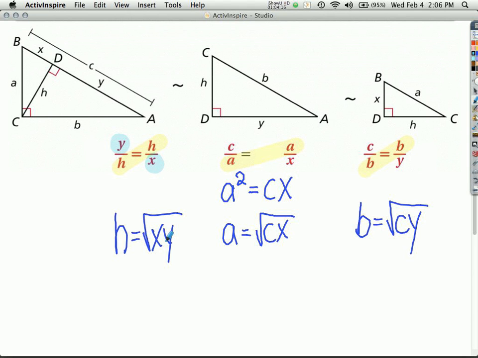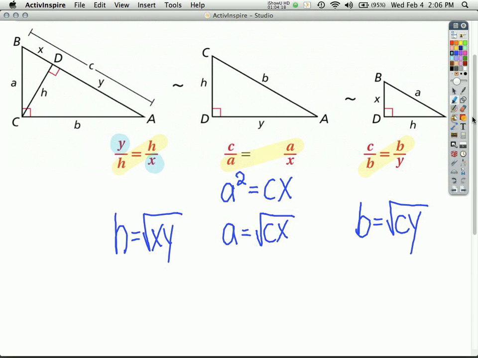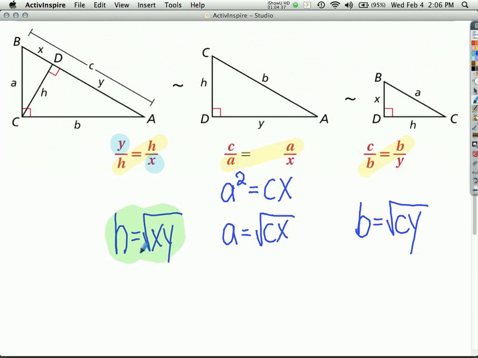So now watch what we just figured out. Look at your cheat sheet, the new one I gave you. The two theorems can be summed up like this. The geometric mean theorem for the altitude is this right here. This is pretty much the entire theorem summed up.